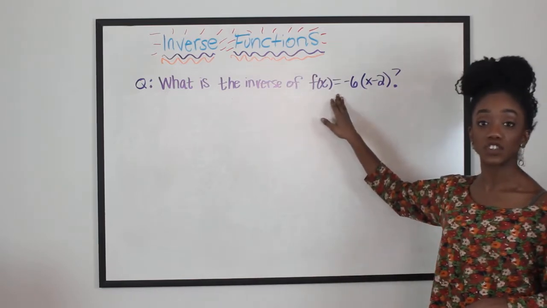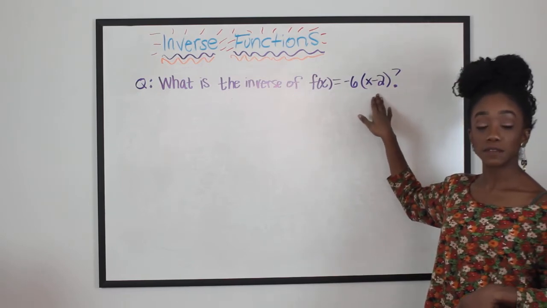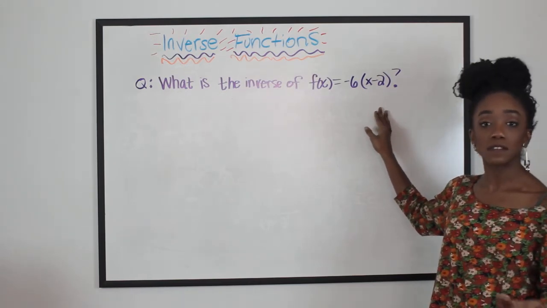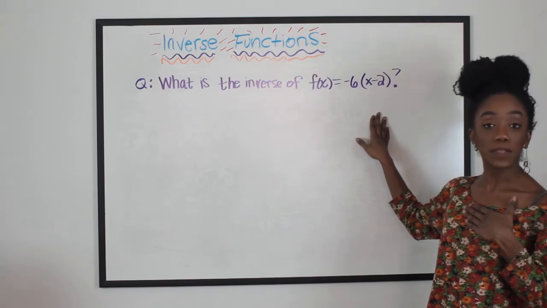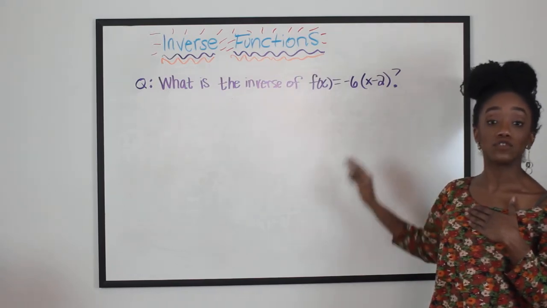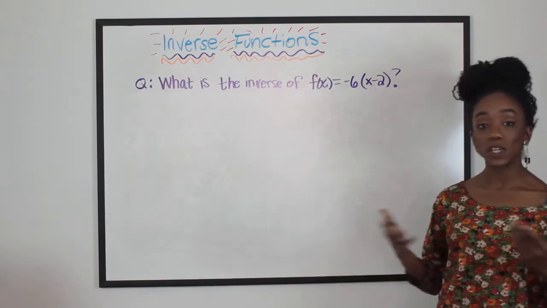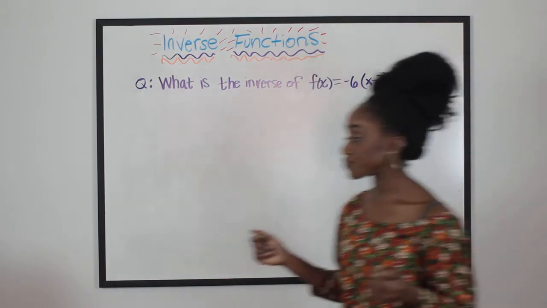I'm looking at this function already. It is -6 open parentheses x minus 2 close parentheses. When I see these parentheses, what is your instinct? I would hope that your instinct is to use the distributive property to simplify this expression and make it easier to work with in terms of finding the inverse.